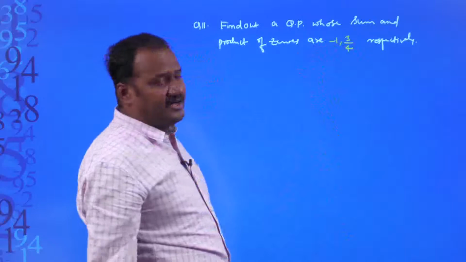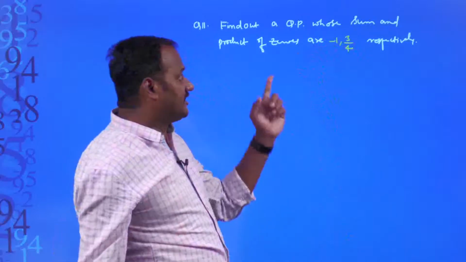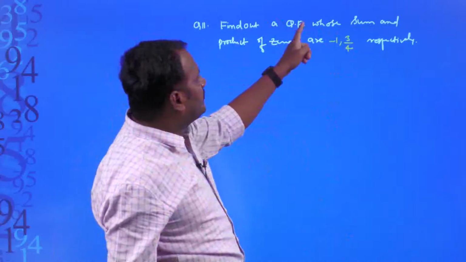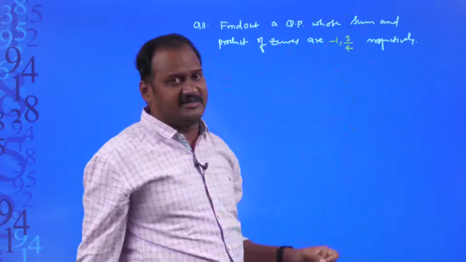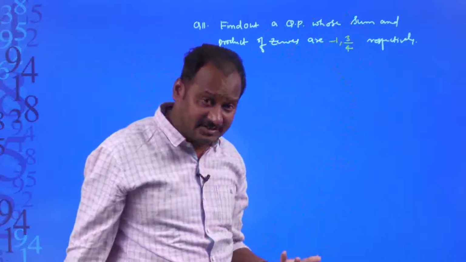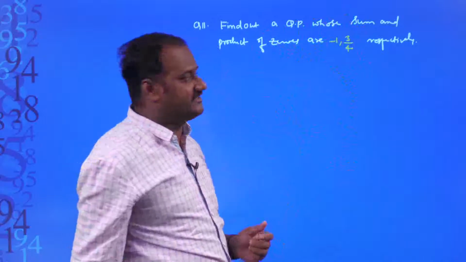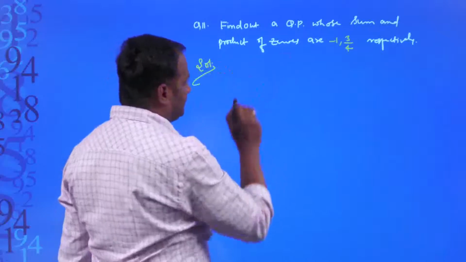See, are these two alpha and beta or anything else? These two are not alpha and beta. If you understand the problem clearly, find out a quadratic polynomial whose sum and product of zeros, means the first number represents sum of zeros and the second number represents product of zeros, but they are not zeros, right? That is the only point you have to understand from the problem.